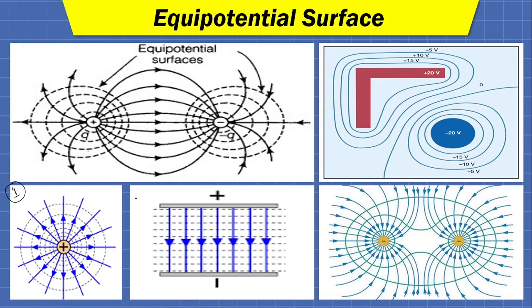Fine. Similarly, in the second case we have a parallel plate capacitor. Here in three dimensions we can imagine the plates in this shape. Whatever solid lines you are seeing represent the electric field distribution, and the dashed lines represent the equipotential surfaces.